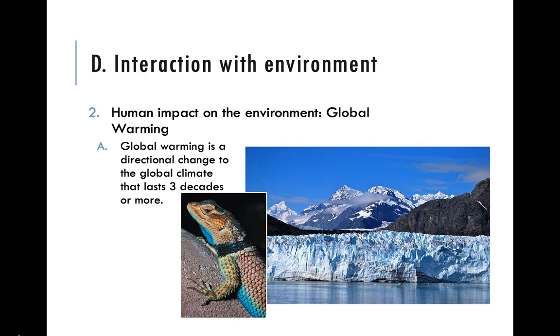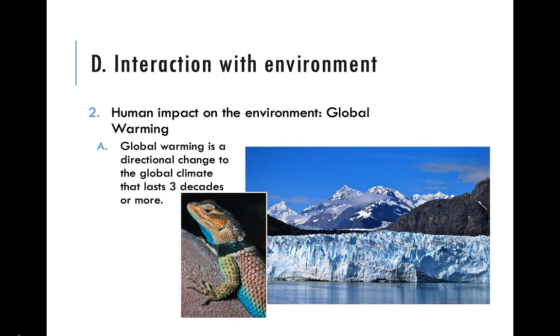One of the major ones is human impact. Global warming is a directional change in the climate that lasts over a long period of time. In this case, the global warming that's occurring now is an increase in temperature, and it's a rapid increase in temperature. It causes the average global temperature to increase, and then you get melting of glaciers and ice caps and things like that.